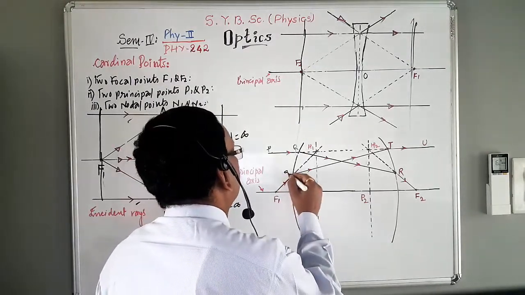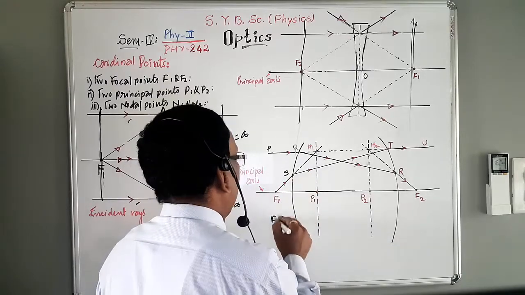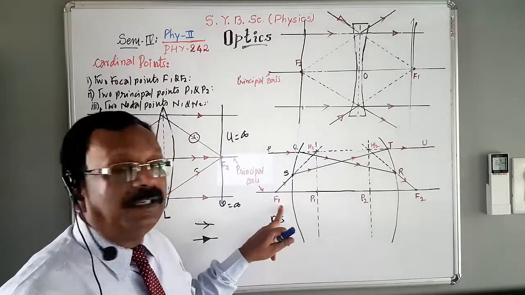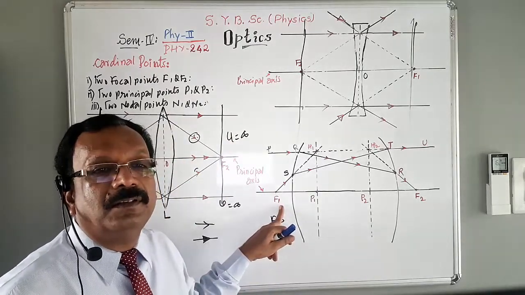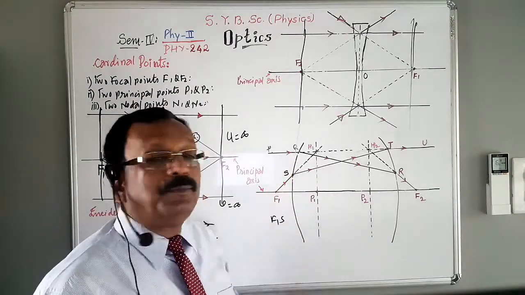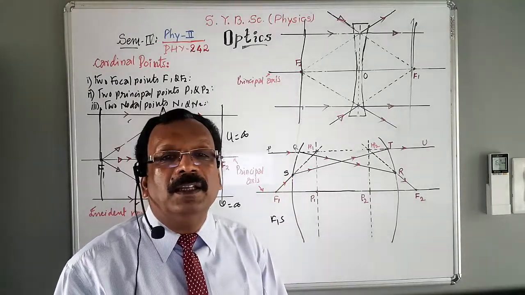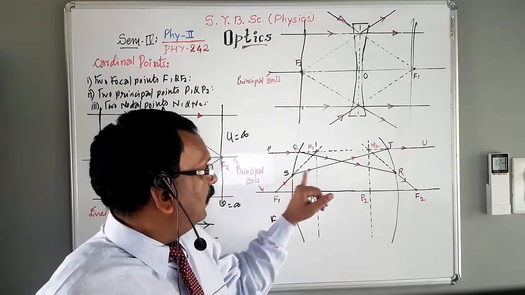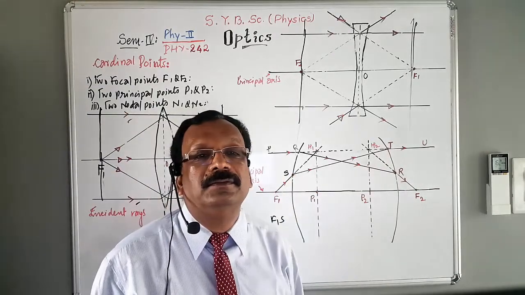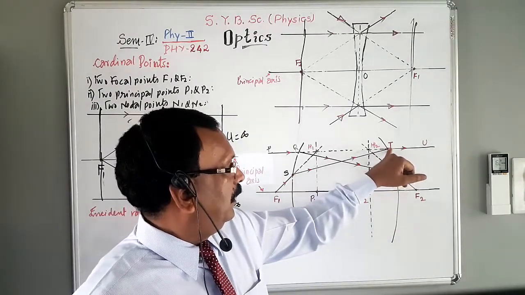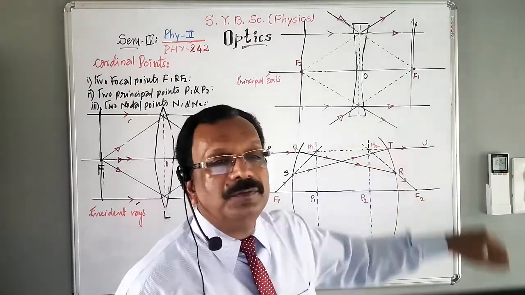F1S starting from point F1 strikes the surface at point S. After refraction, it travels along ST and emerges out from this surface going parallel along TU.